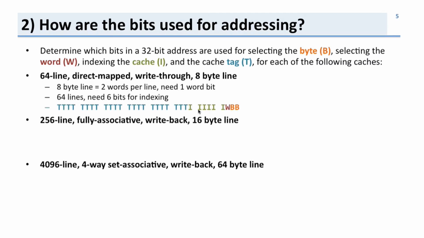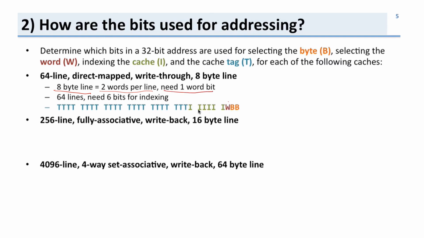For our first cache, the 64-line direct map write-through 8-byte line, we said before that an 8-byte line needs 2 blocks of data. To select between the 2 data words, it's either 0 or 1, so we need one word bit.